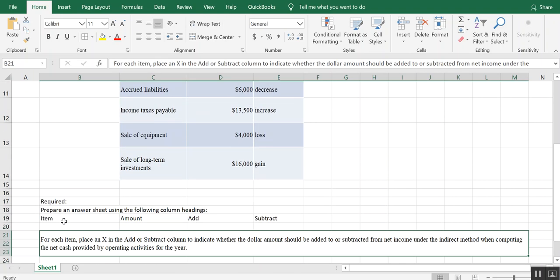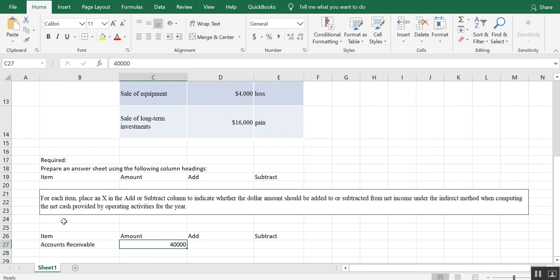Since we had an increase, this will be a subtraction from the operating section. So we're going to basically reduce the cash from operations for that increase in accounts receivable.